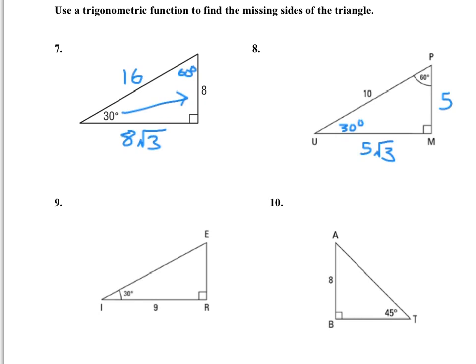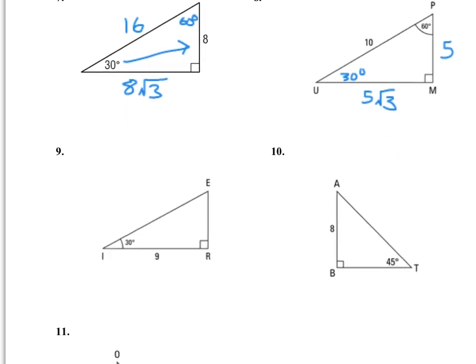All right, we have one more 30, 60, 90 triangle. They give us the long leg this time. So these are the most challenging ones. We know that the short leg is going to be this number divided by rad 3. So if I take 9 and divide by rad 3, I have to rationalize that.